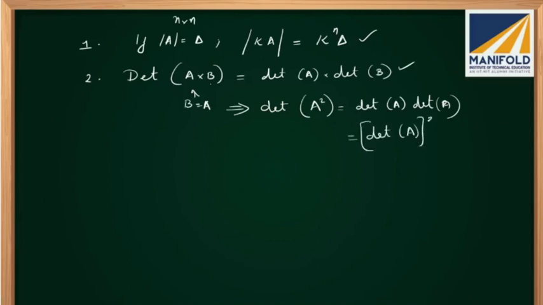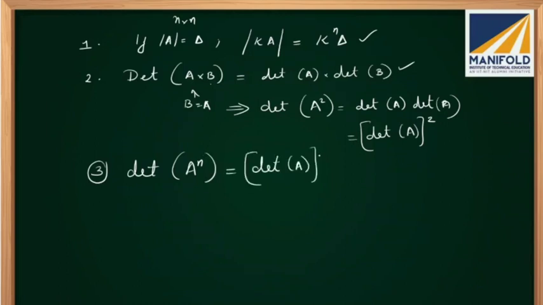That is an important property, because you can extend it any number of times. In general, the determinant of A raised to n is the determinant of A whole raised to n. That is applicable for all positive or negative integers n.